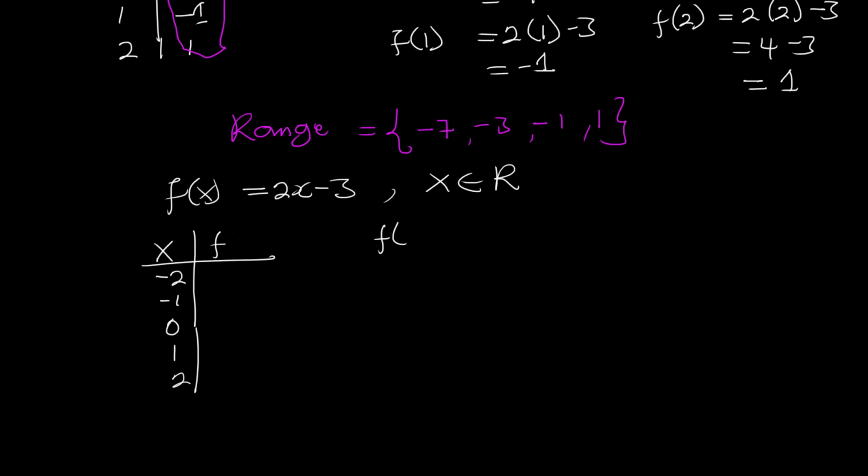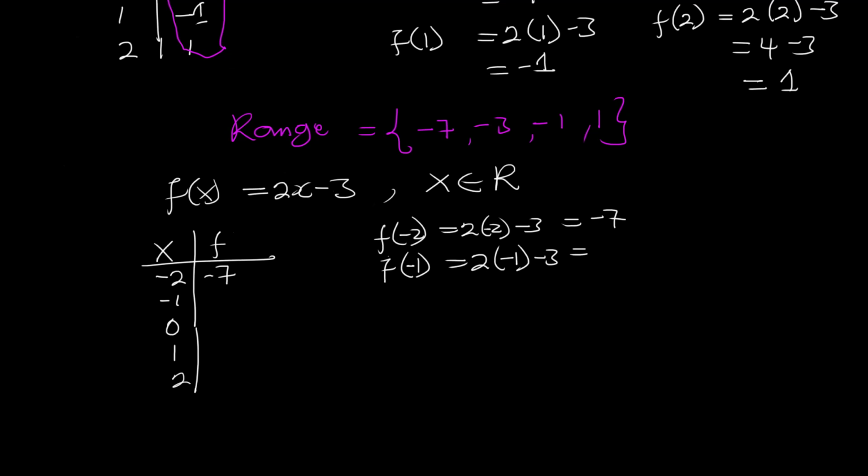So we have x is equal to -2. We have 2 times -2 minus 3, and that gives us -7.